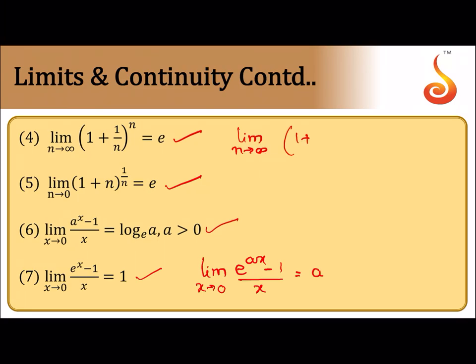Similarly, limit x tending to 0, e to the power ax minus 1 by x is equal to a. Similarly, limit n tending to infinity, 1 plus a by n to the power n is e to the power a.